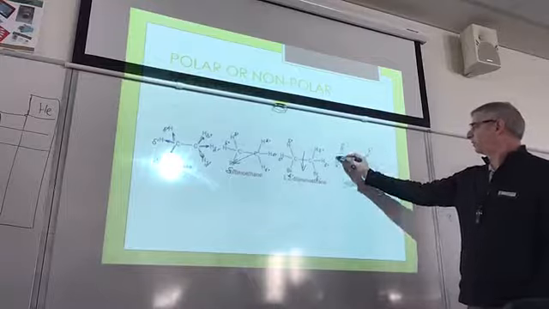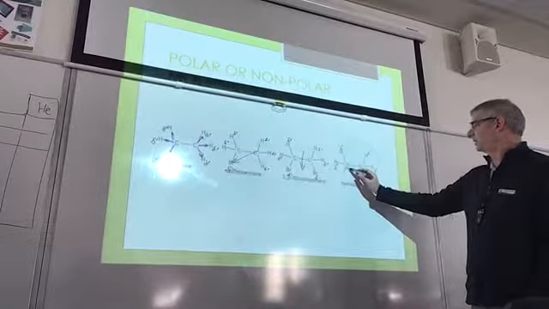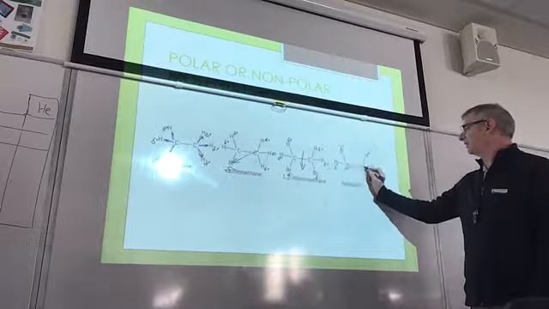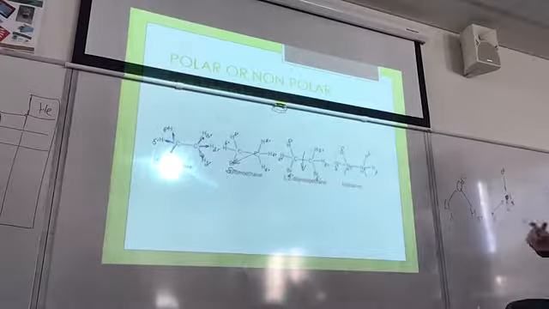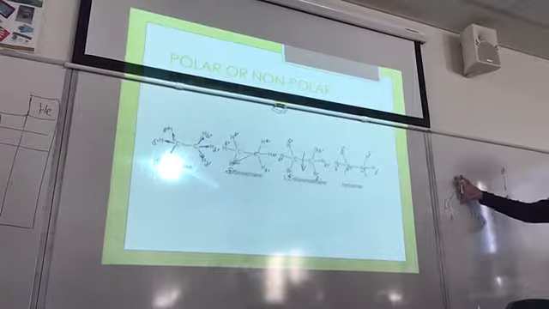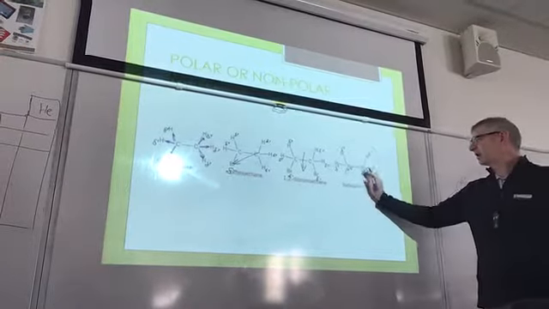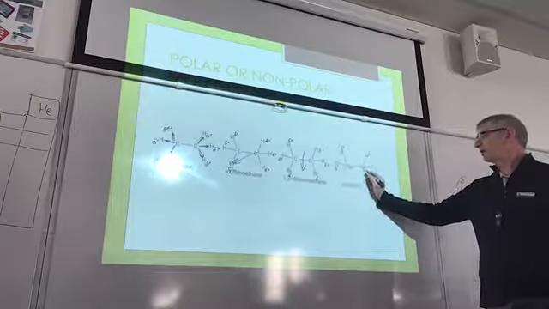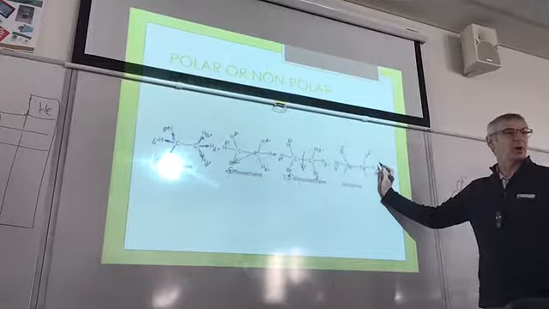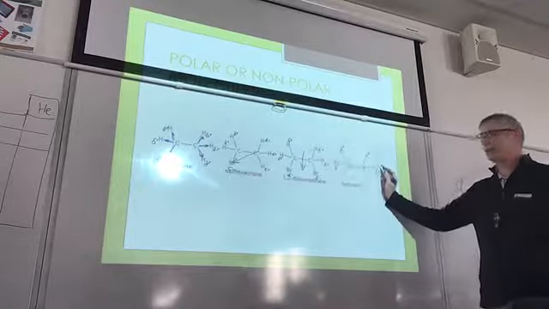We have positives around there with the negatives around here, because this is negative, this is negative. So this geometry over here is the same as this kind of geometry here. So we have negative charge. I'll get rid of those electrons. We've got partial negative on this side, partial positive on that side. So that's a polar molecule. It's got a negative end and a positive end.